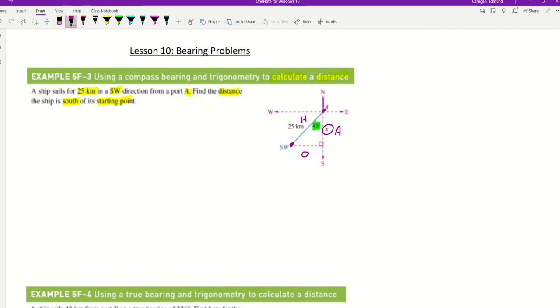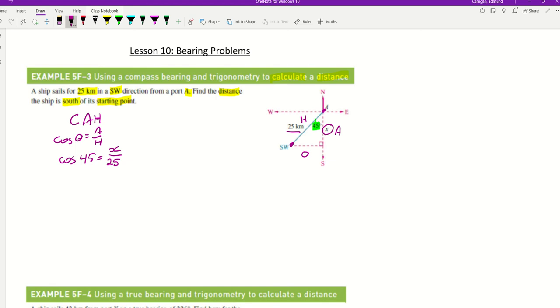So now we look at what we're looking for. We've got our hypotenuse of 25 and we've got X next to our adjacent side. So we've got A and H, so we're using CAH. So we've got cos theta equals A on H. Substituting in our numbers, cos 45 equals X on 25.